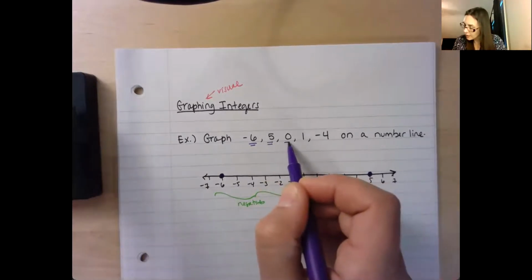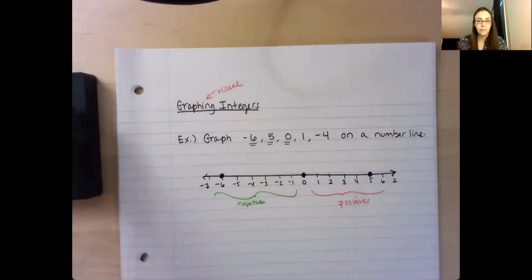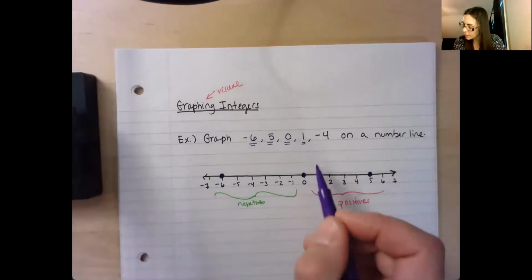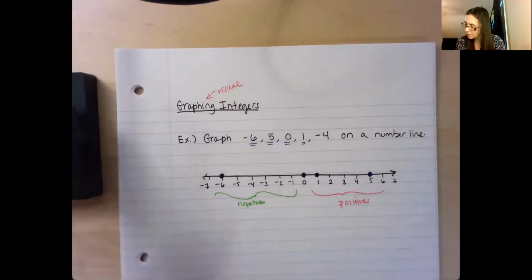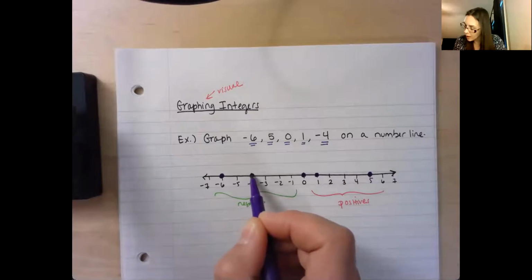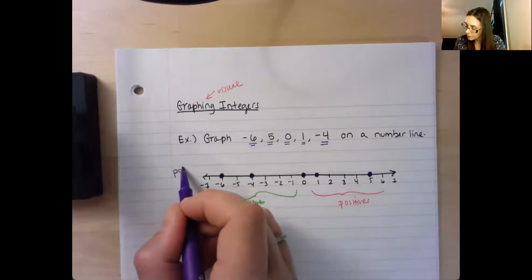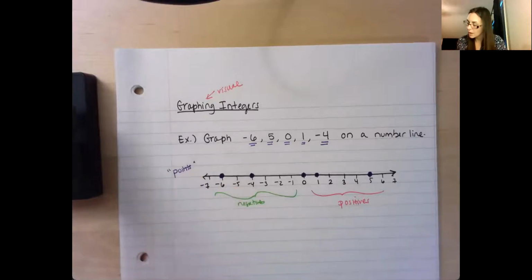Now 0 is right in the middle in this case, so I'm just going to put a point right on that 0. I have +1, which is right here. And then I also finally have -4. So to graph something or to plot points, so these are really all points, we're just putting that closed circle, that closed dot on our number line. So that's really all we have to do for graphing.